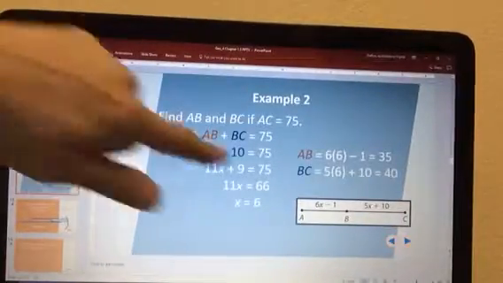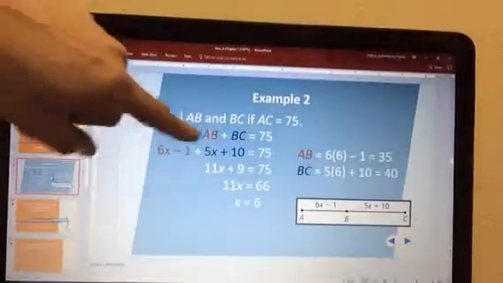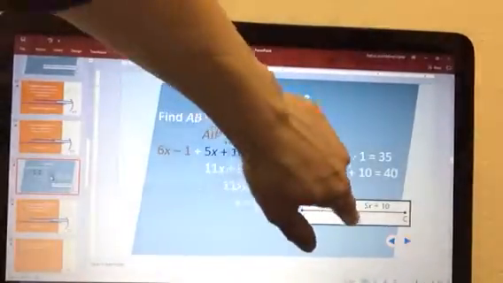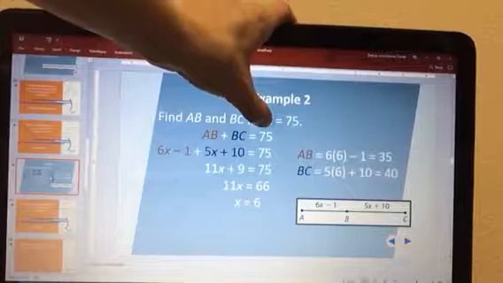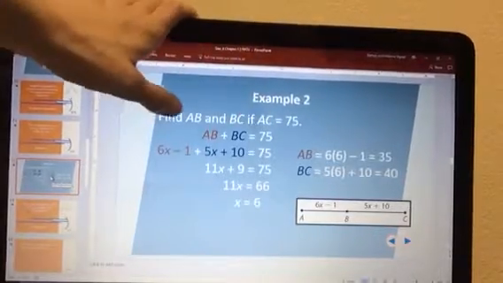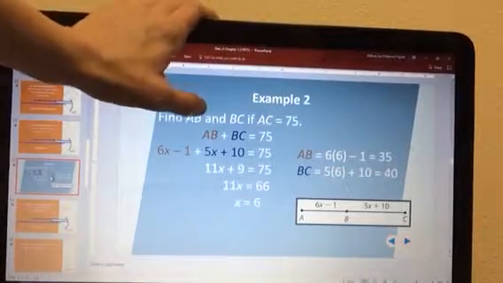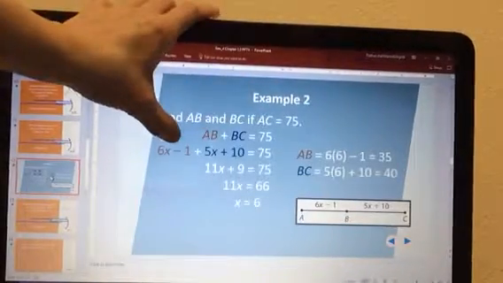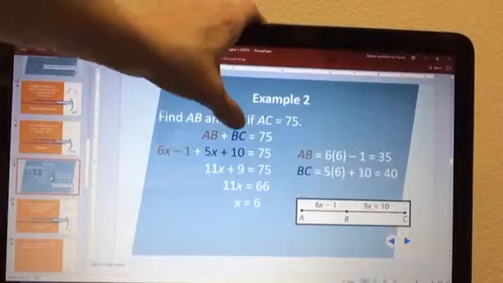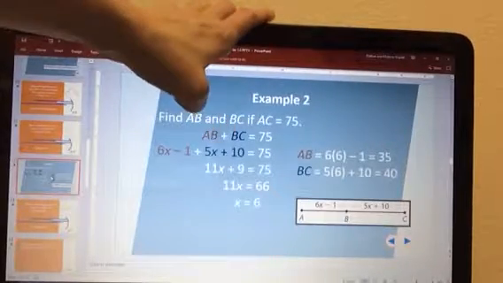So I can say this piece of the line, AB, plus this piece of the line, BC, should equal the entire line, which has a length of 75. So now let me do some substitution. They're telling me that AB is equal to 6x minus 1, and BC is equal to 5x plus 10.